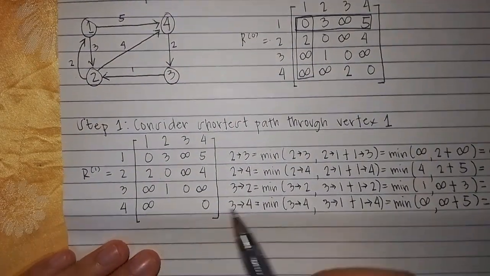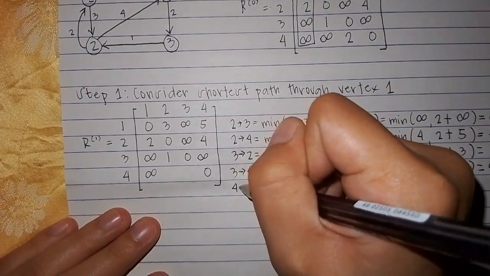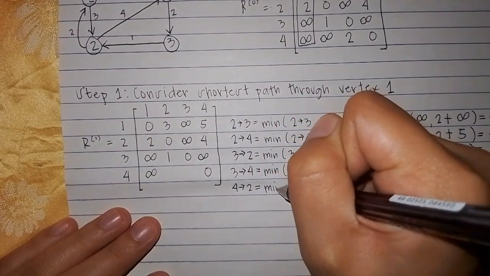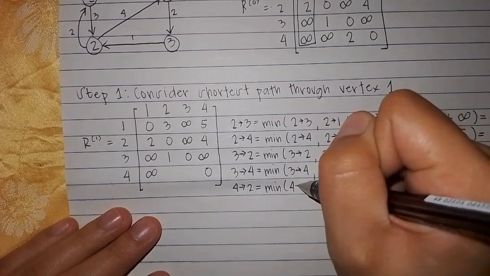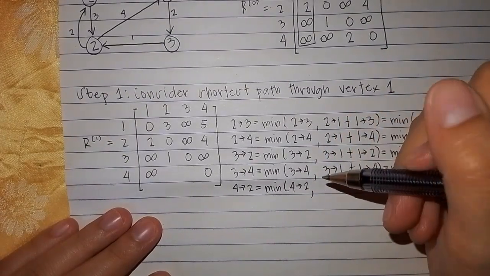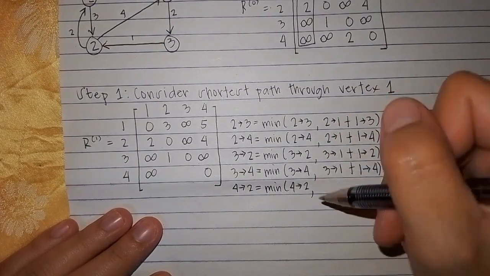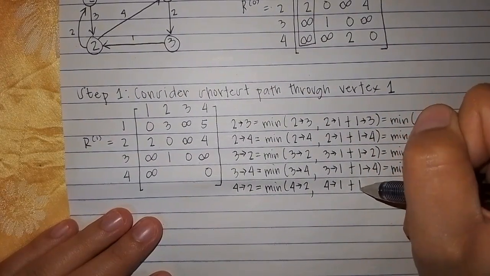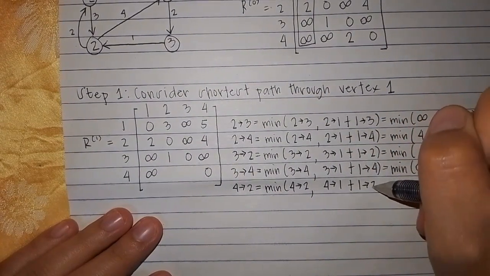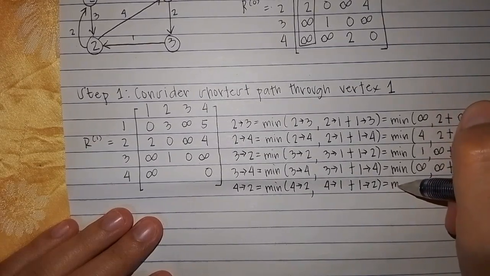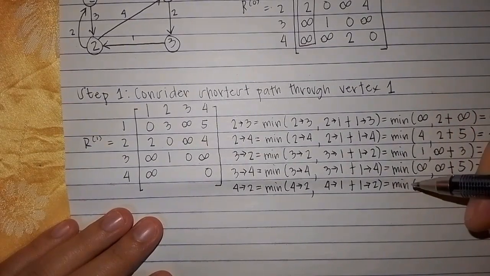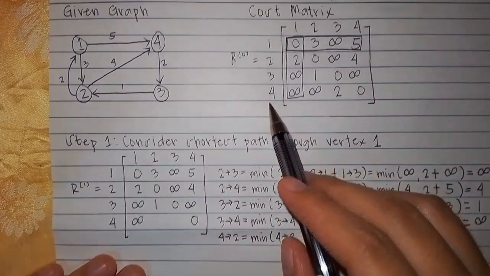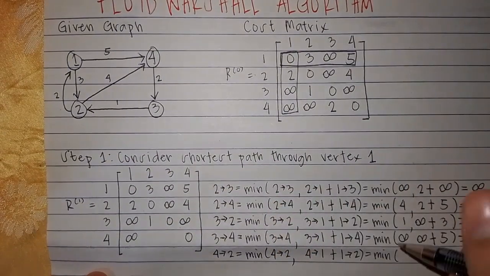And 4 to 2. So the minimum value of 4 to 2 through the vertex of 1 is 4 to 1 plus 1 to 2. So 4 to 2, as we can see, it's infinite.